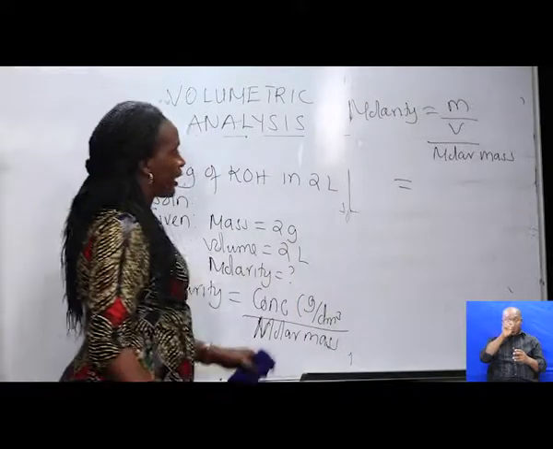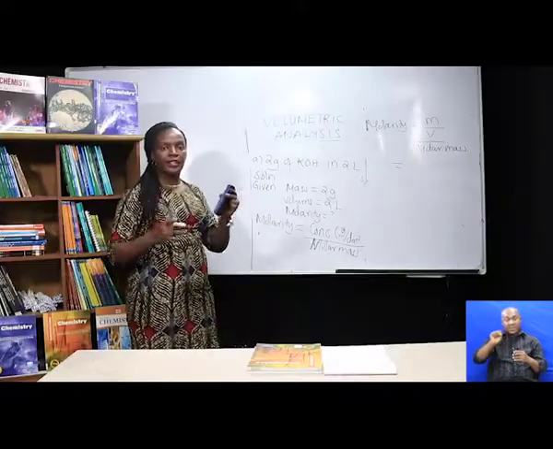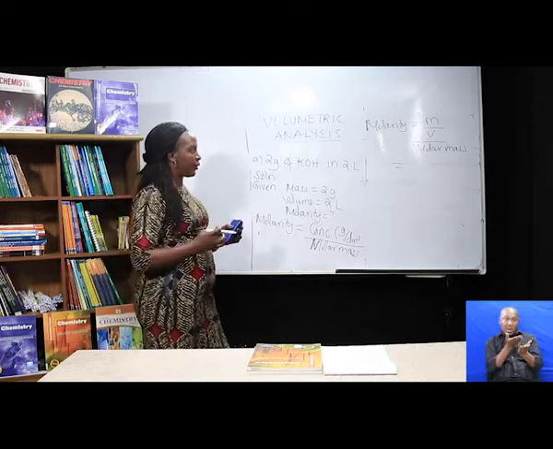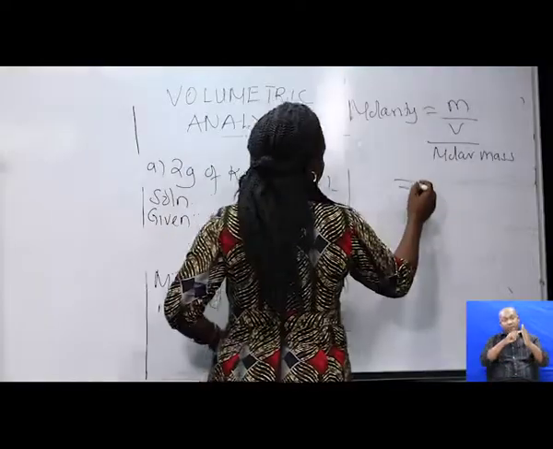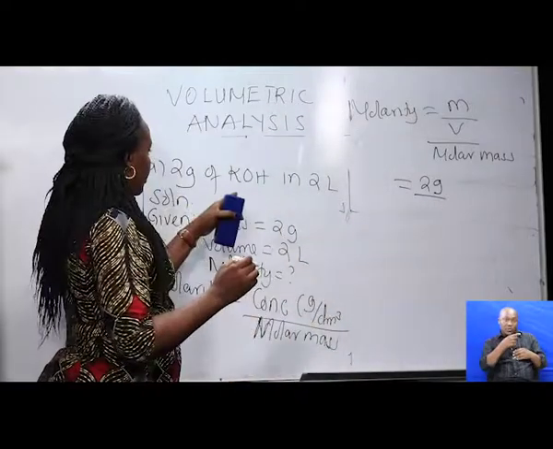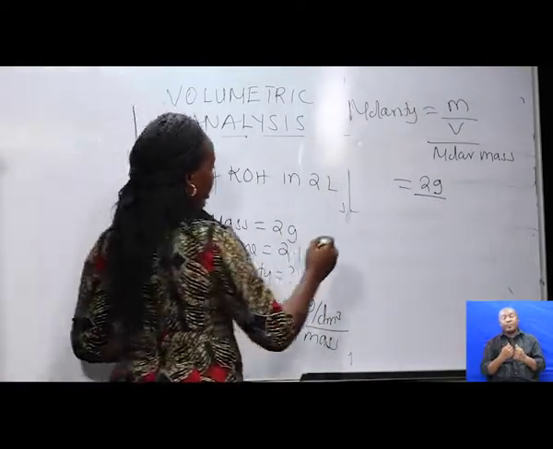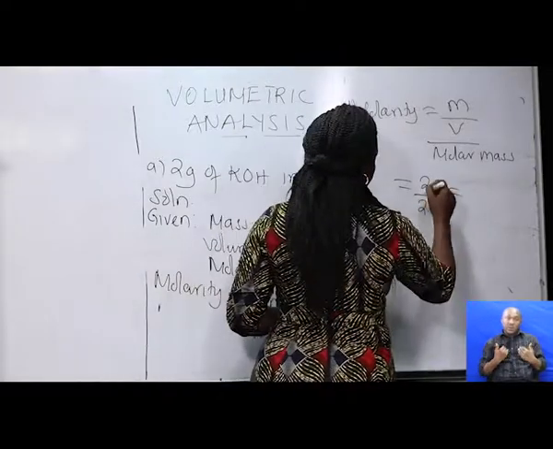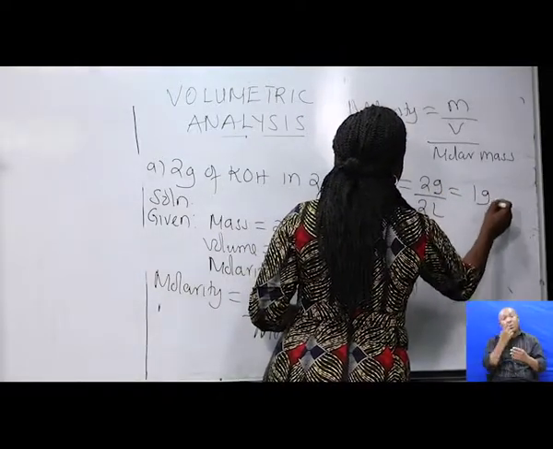We can first calculate mass over volume, or we can apply the formula directly. But let us first find mass over volume. The mass was given as 2 grams, the volume as 2 liters. So the answer is 1 gram per liter.